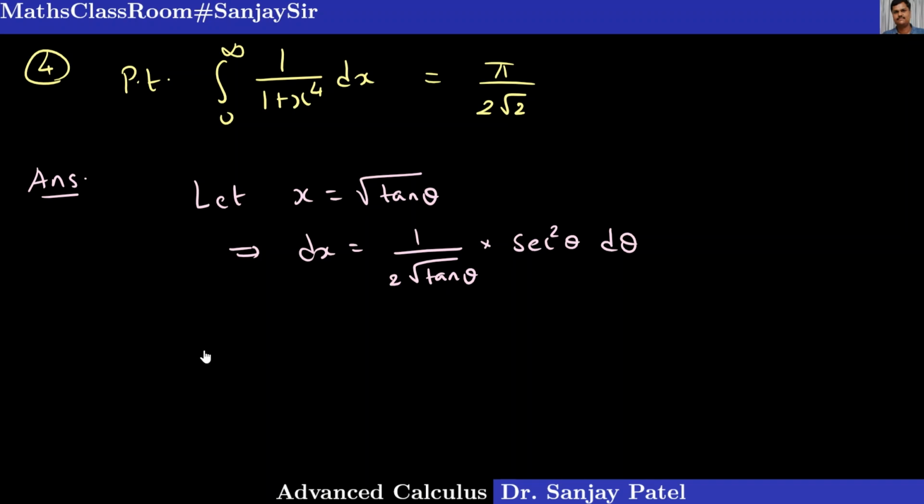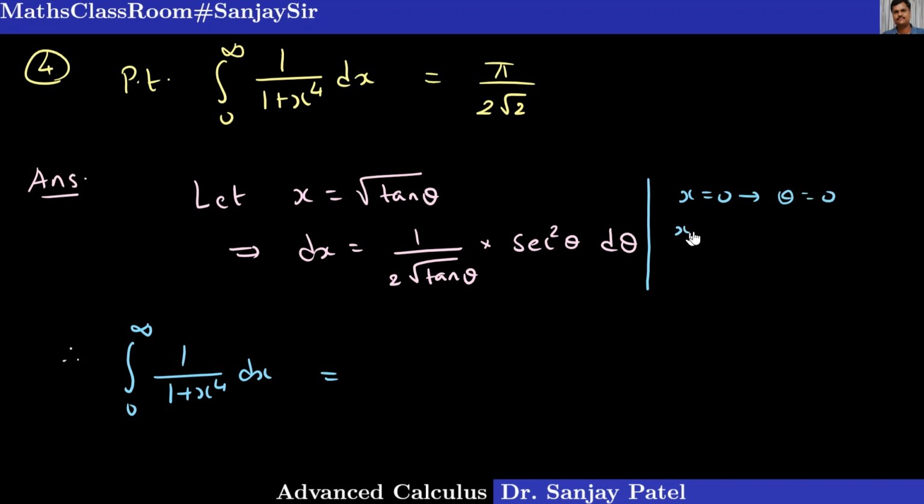And therefore I can write the integral 0 to infinity 1 upon 1 plus x raised to 4 dx. I have to change the limits also. When x is equal to 0, tan theta is 0, means theta is equal to 0. And when x is equal to infinity, tan theta is infinity, so theta is equal to pi by 2.